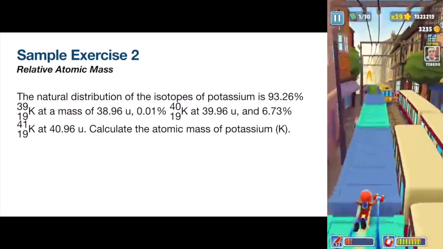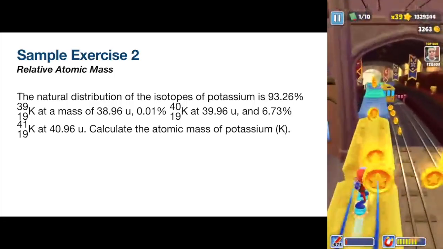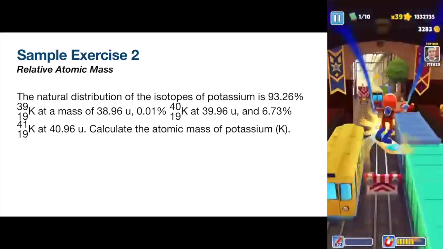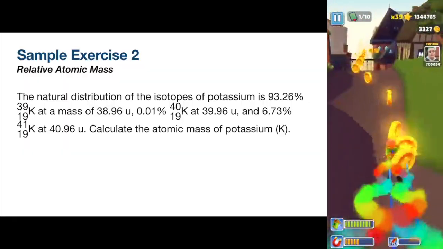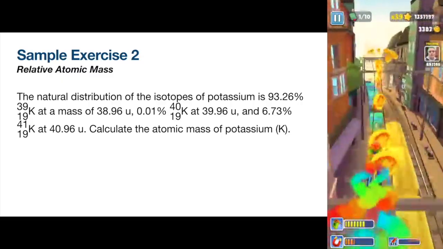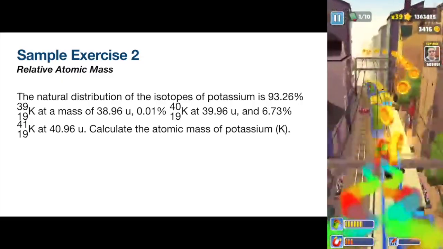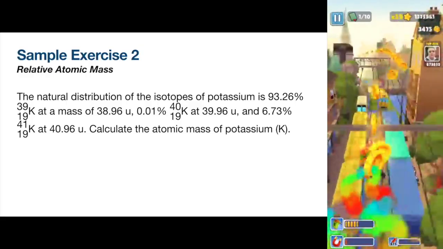The natural distribution of the isotopes of potassium is 93.26% potassium-39 at a mass of 38.96 units, 0.01% potassium-40 at 39.96 units, and 6.73% potassium-41 at 40.96 units.